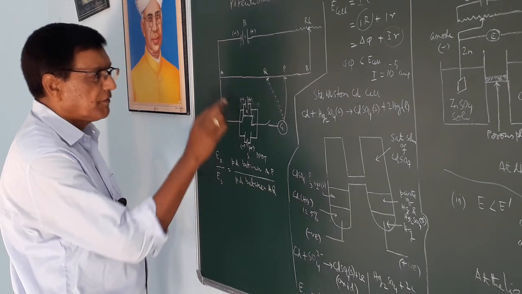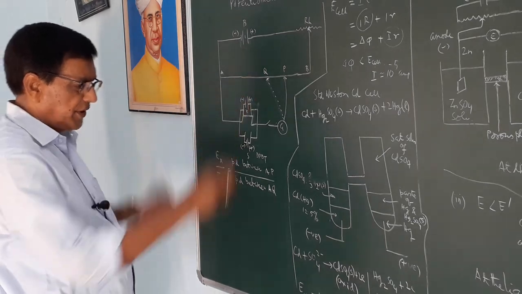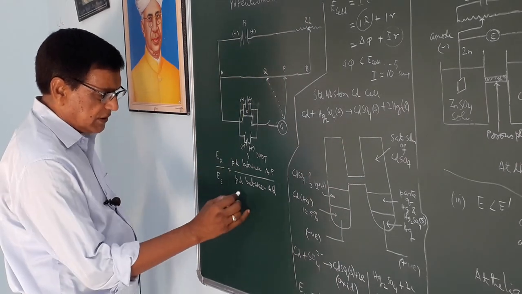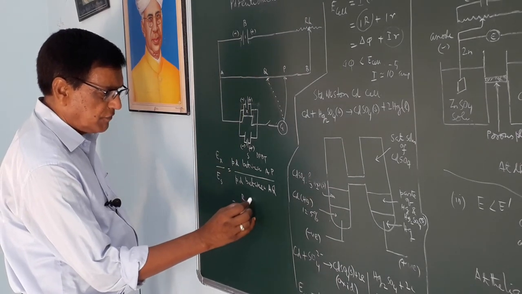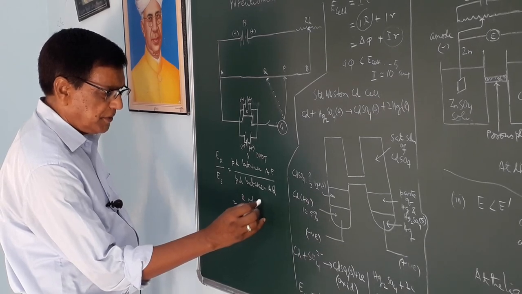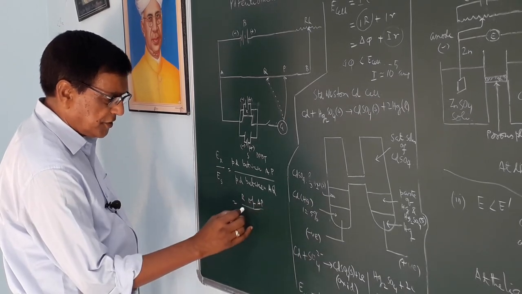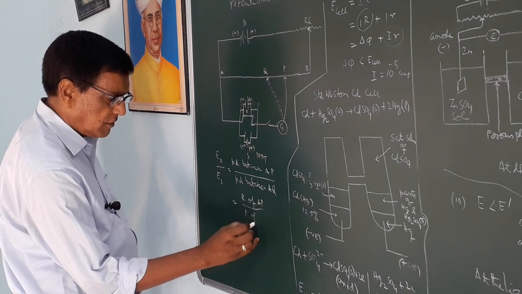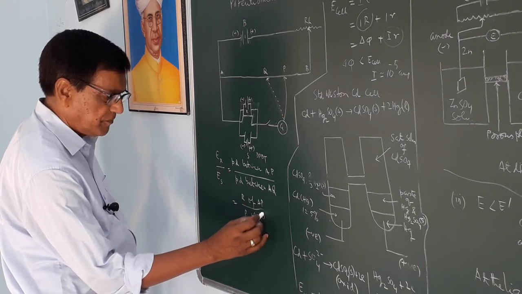The same current is passed through this wire, and so this is equal to the resistance of AP divided by the resistance of AQ.